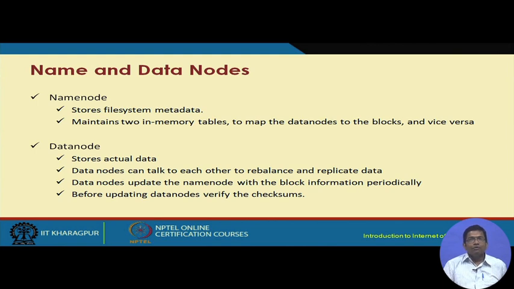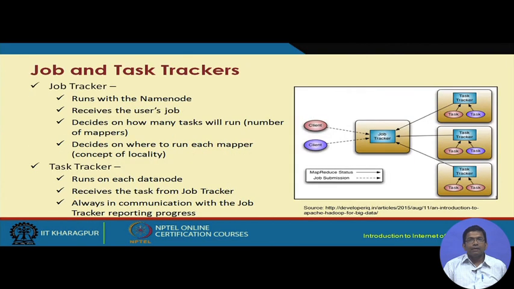So, the name node stores the file system metadata and the data node stores the actual data. Now, we also have the job tracker and task trackers. The job tracker runs with the name node. It receives the user's job and decides how many tasks will run.